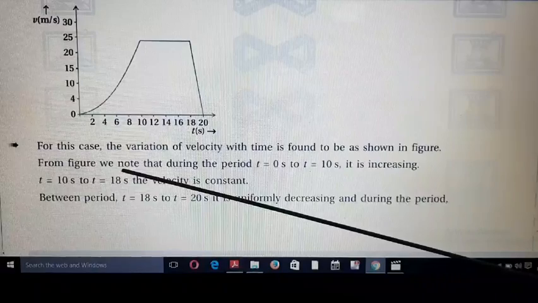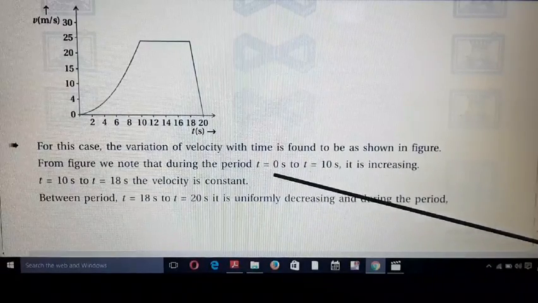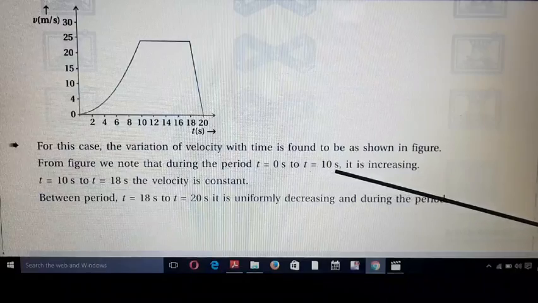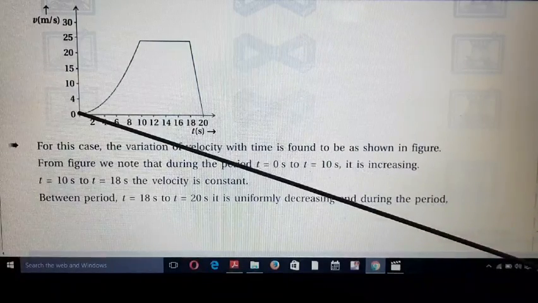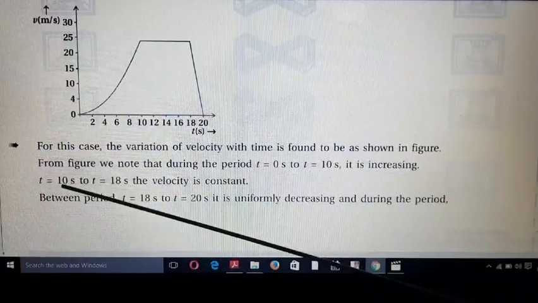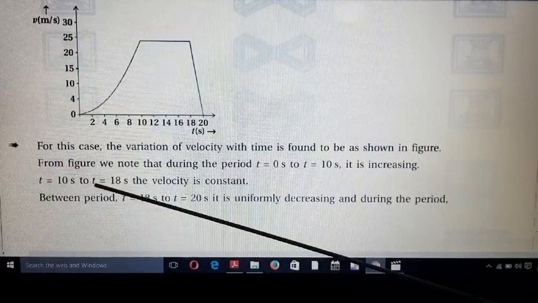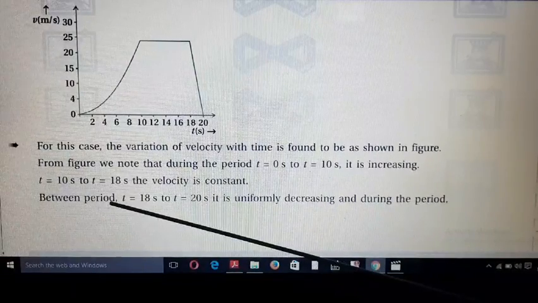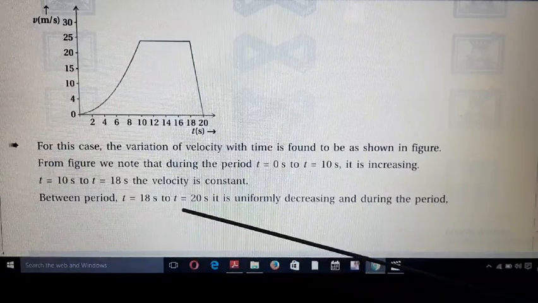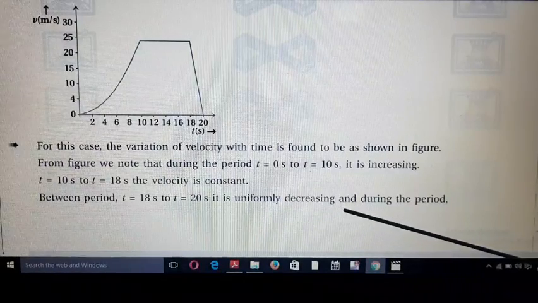From the figure we note that during the period t equal to 0 second to t equal to 10 second it is increasing. Look here, 0 to 10 it is increasing. From t equal to 10 to t equal to 18 second the velocity is constant. Between t equal to 18 second and t equal to 20 second it is uniformly decreasing.